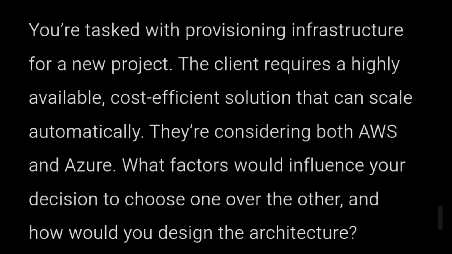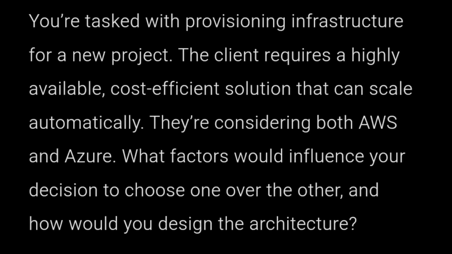If we see a cloud service provider comparison, AWS has better serverless support, where Lambda and ECS support serverless functions. And when we come to Azure, it is majorly good to choose for hybrid cloud integrations.